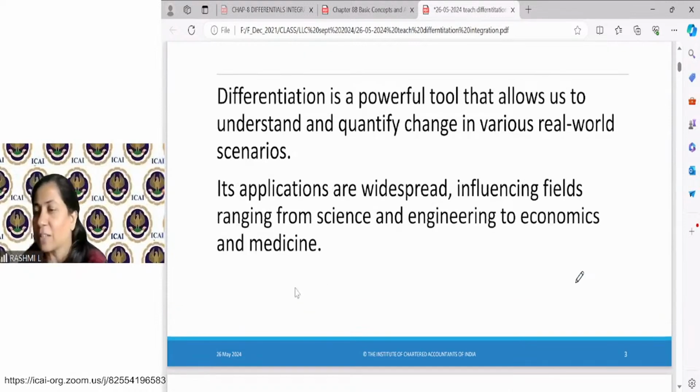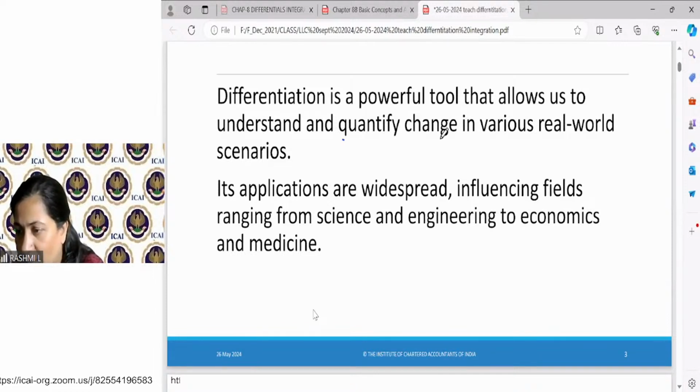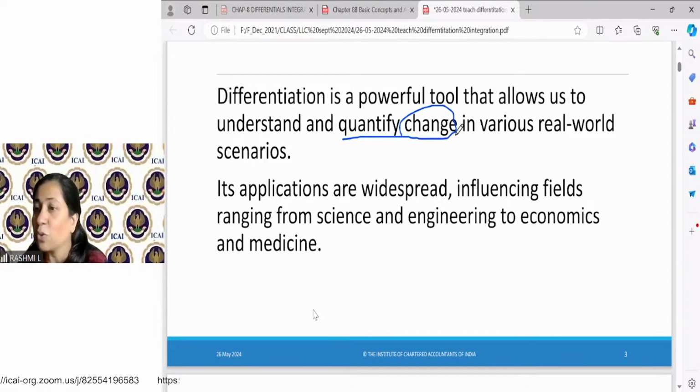Now, differentiation is a powerful tool that allows us to understand and quantify change. Whenever we see change and we want to know how much the change is, what is the effect, we will talk about the effect later, but first we will know how much is the change.